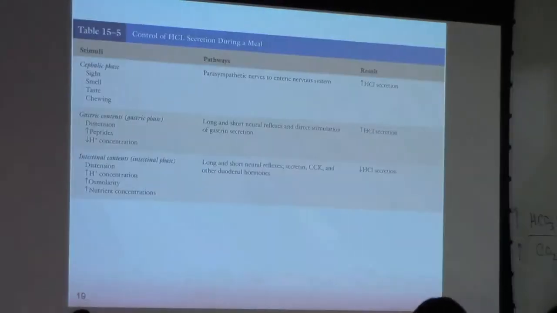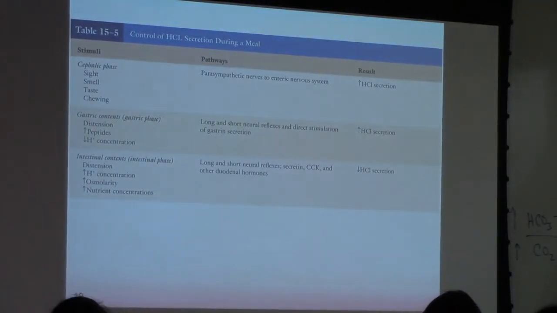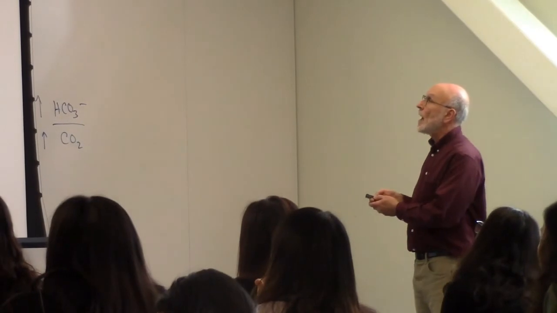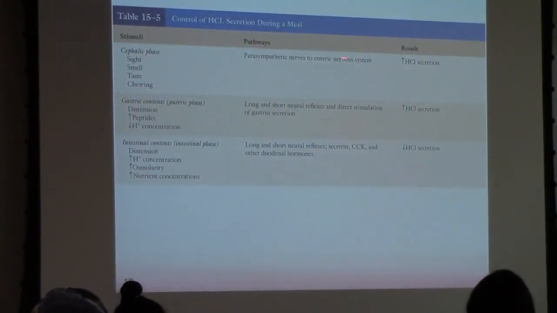Your textbook has a series of tables which I think are useful, and I recommend that you study them. We're not going to go through them here in class very much, except that it talks about the cephalic phase: sight, smell, taste, and chewing of food. Here is the enteric nervous system.